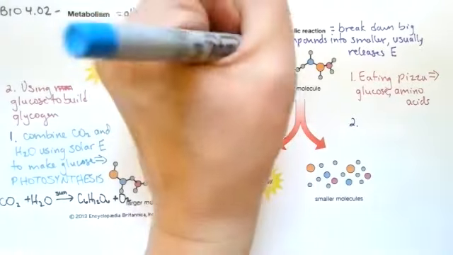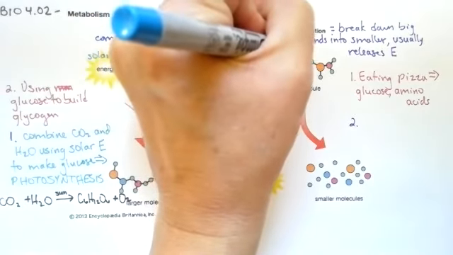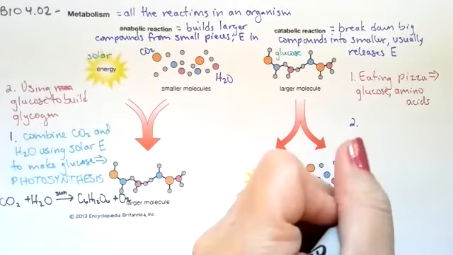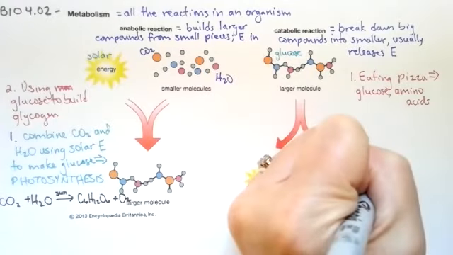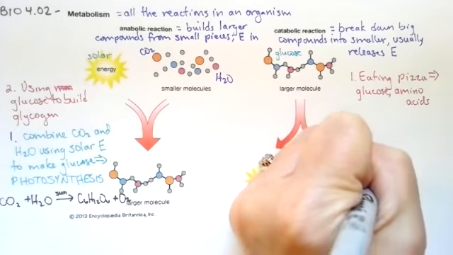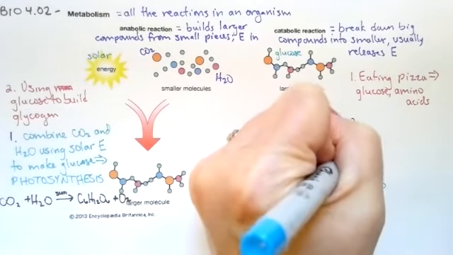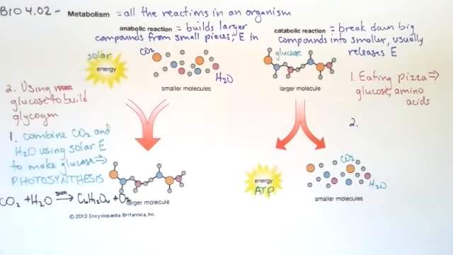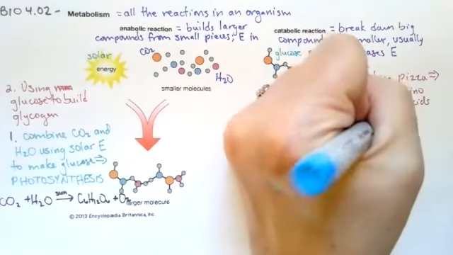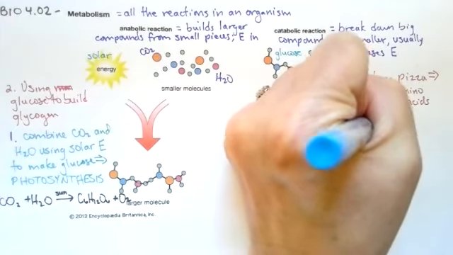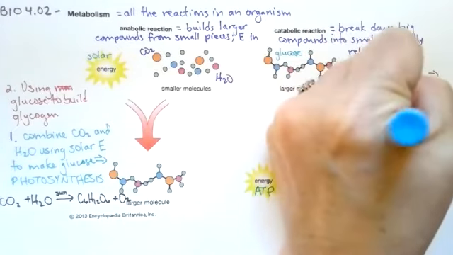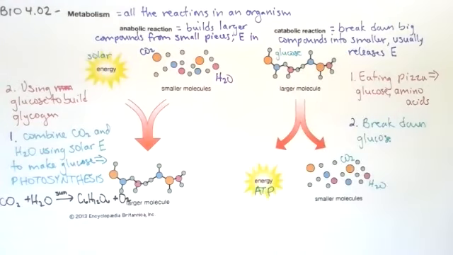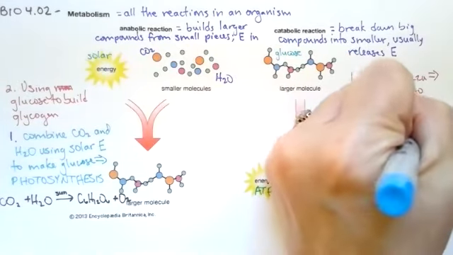In this case, we're going to have glucose up here, and we're going to break it back down into water and carbon dioxide. And we're going to get off energy, but the energy we get off is ATP. So in this case, we break glucose down into water and carbon dioxide.